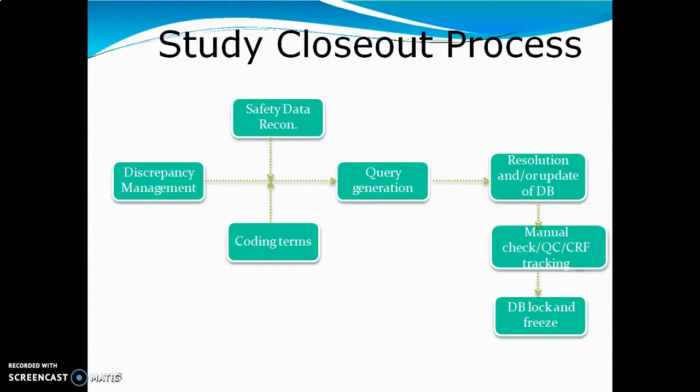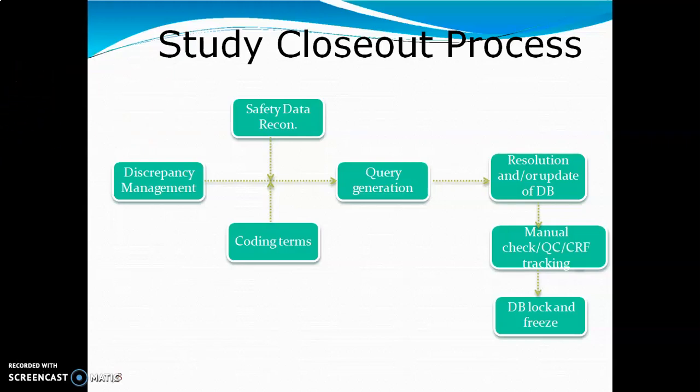Now the study closeout process. Everything is completed, and we have come up to coding. After completion, the study should be closed. Before closing, we should cross verify whether the documents generated are complete, so that later they can be frozen. So discrepancy management should happen.